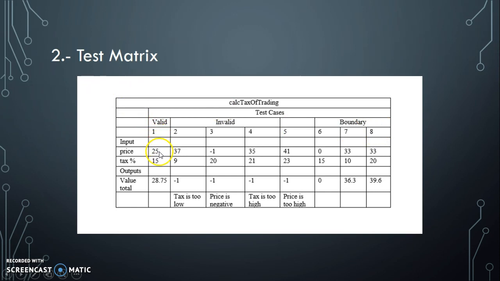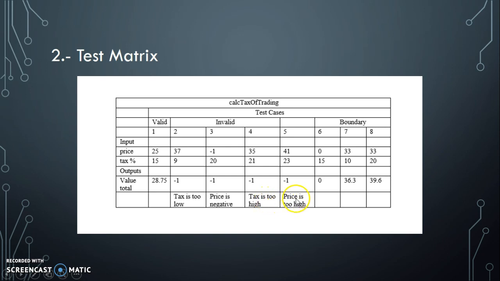The price is in the range and the tax is in the range, the same. The output is the value total. For the other invalid, we have -1 because there are values, for example, tax is too low, price is negative, or the tax is too high.